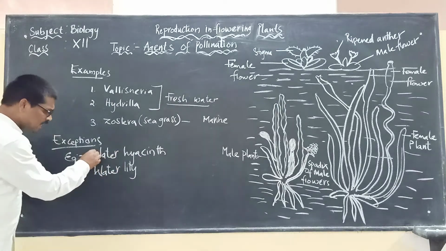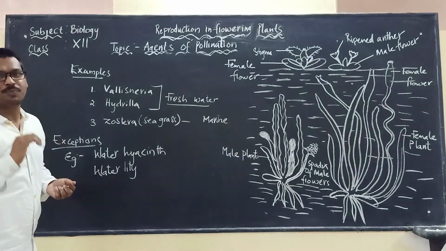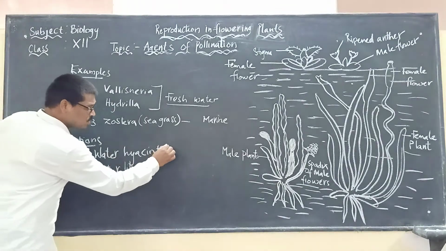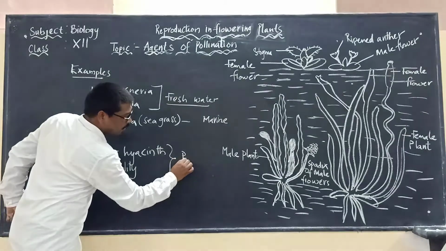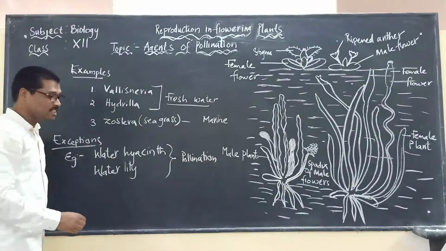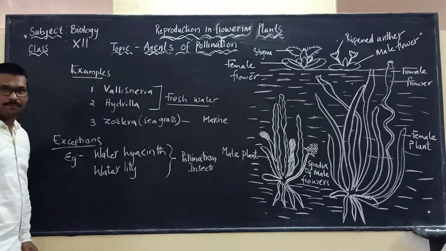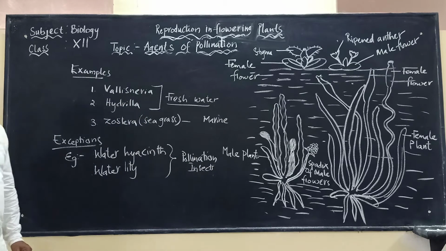Why? Because in these two plants, the flowers will be above the surface of water. Even though they are called aquatic plants, they go for pollination which takes place by insects. Is it clear? So that's what we have to remember.